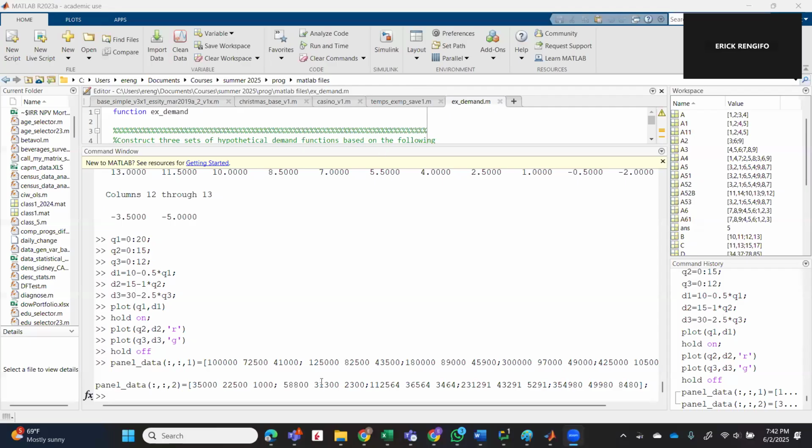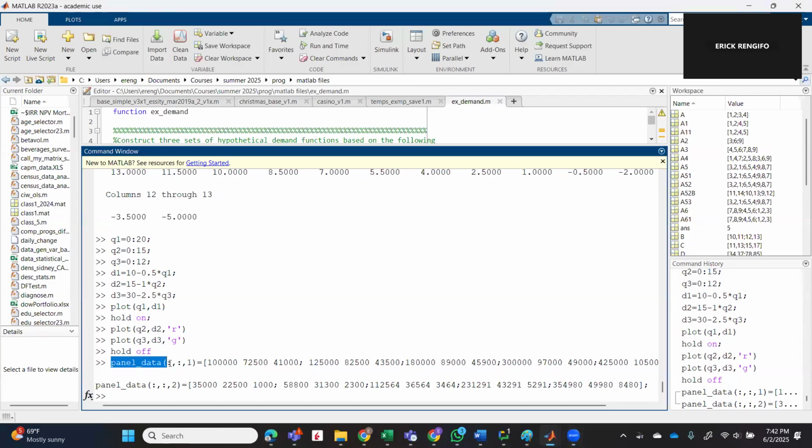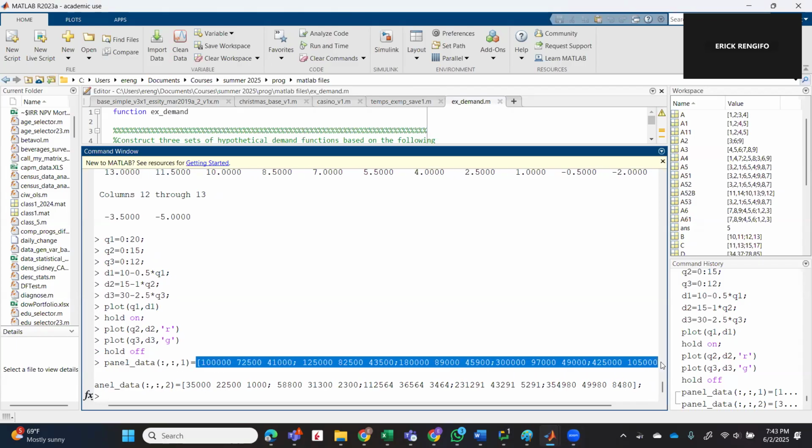Okay, so let me show you my screen. Guys, you need to do this with me because there are a lot of exercises that are going to come with this one here. So what I've done is I've introduced panel data, first phase, all the numbers that I told you.